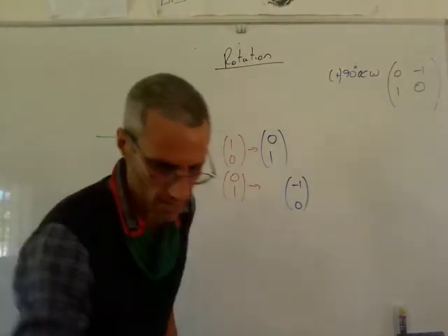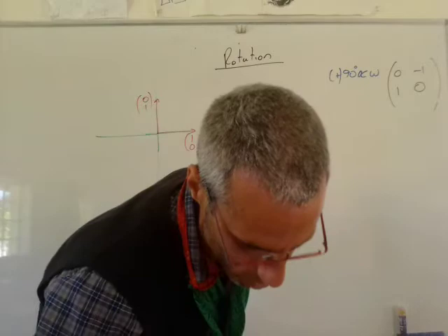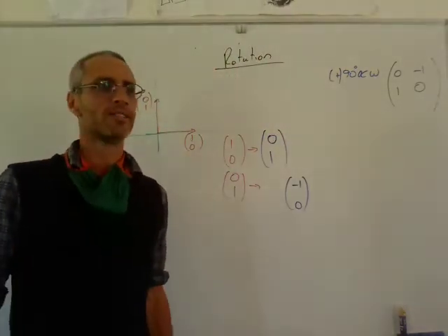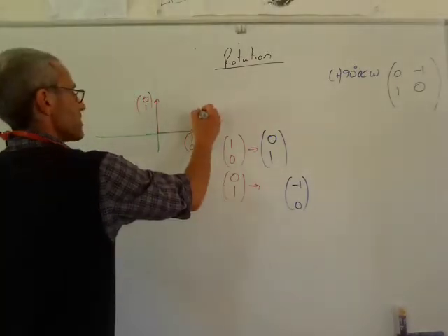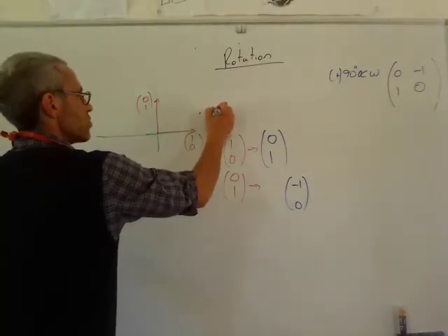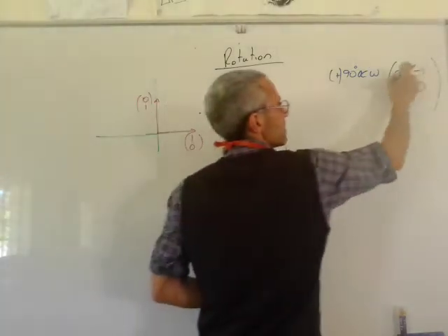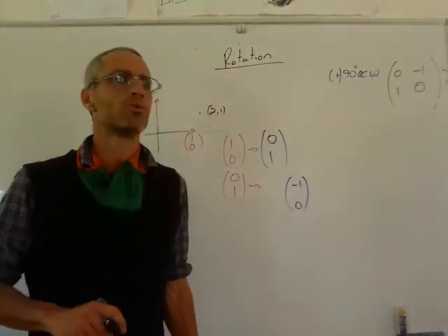Rotation 90 degrees anti-clockwise: 0, 1, minus 1, 0. Perfect. If I've got a certain point, (2, 1), I can multiply it by that matrix and get the new coordinates.